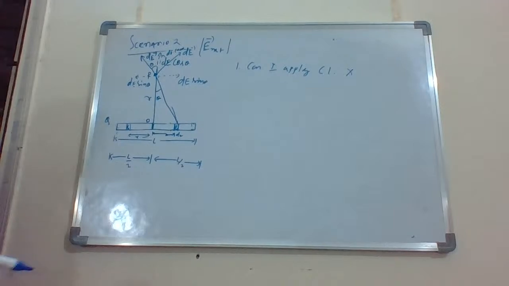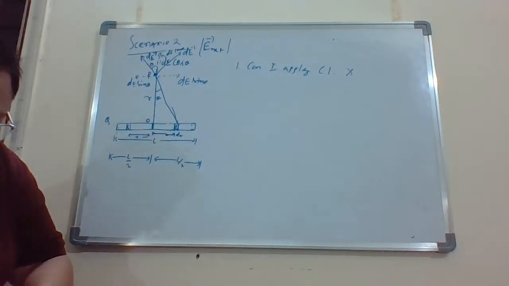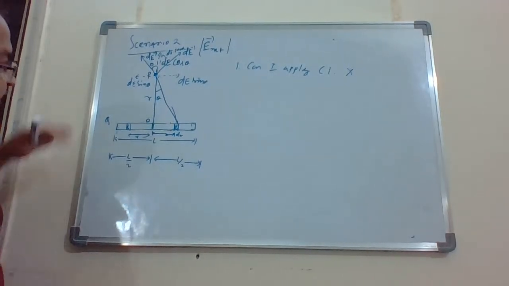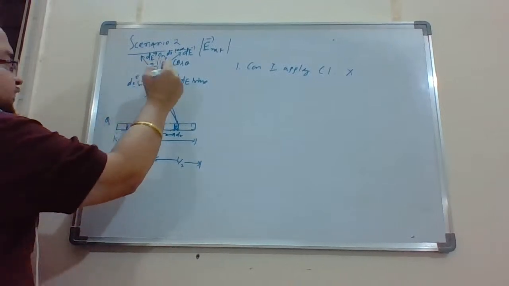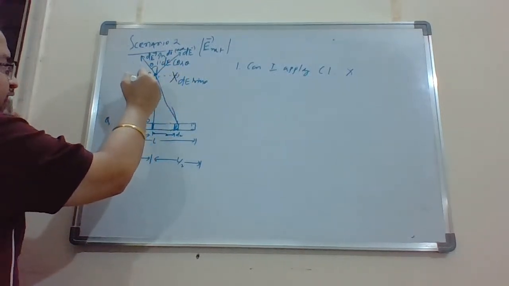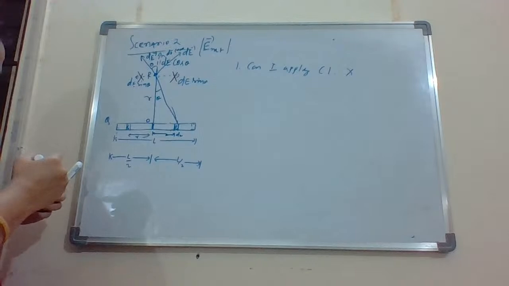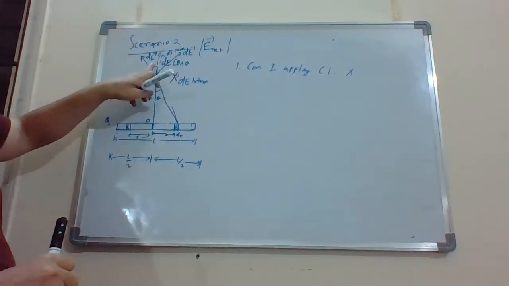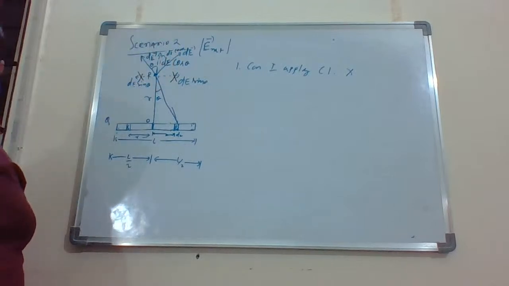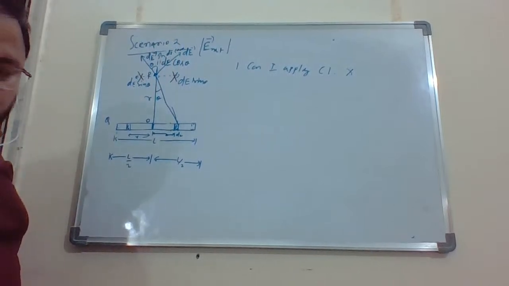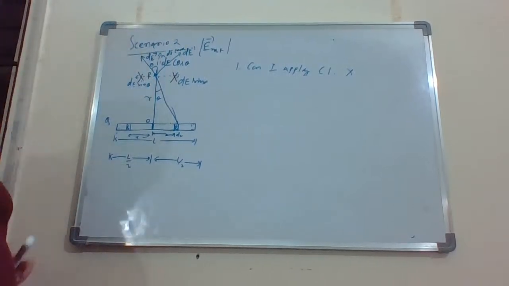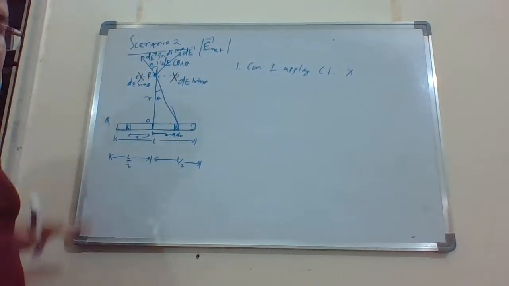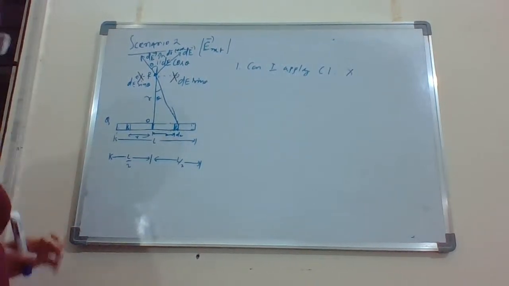As these are vectors, this sine theta component will cancel out that sine theta component, and all we will have is dE cos theta. So that is what we need to find out.